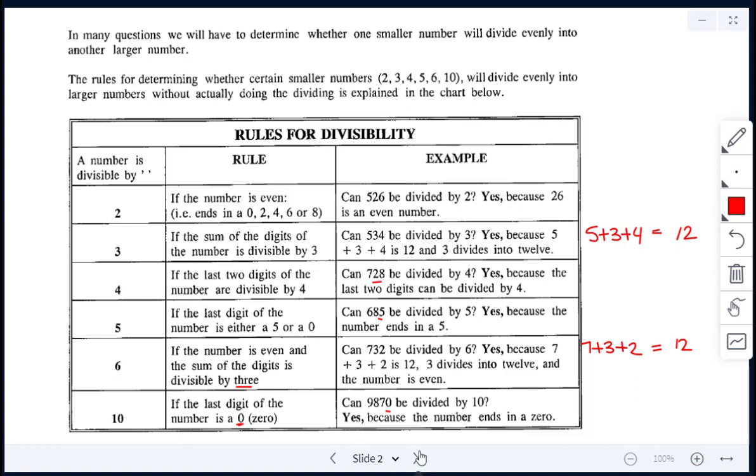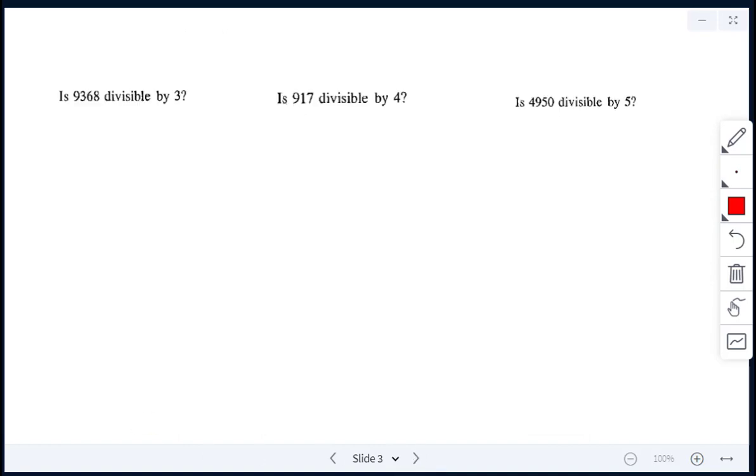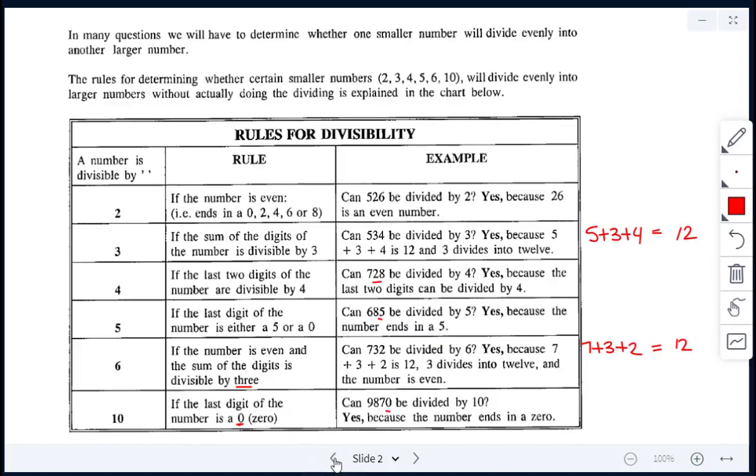All right, so let's try some. Let's try this first one. Is 9,368 divisible by 3? The rule for divisibility by 3 is you have to add up the digits. And if the sum of the digits is divisible by 3, then yes, the number is divisible by 3.